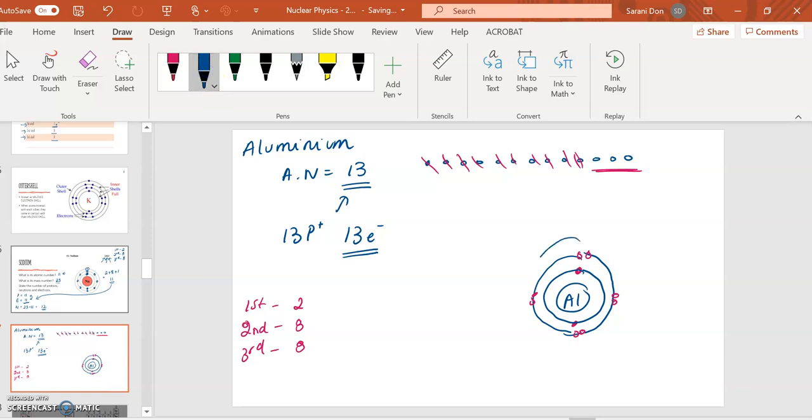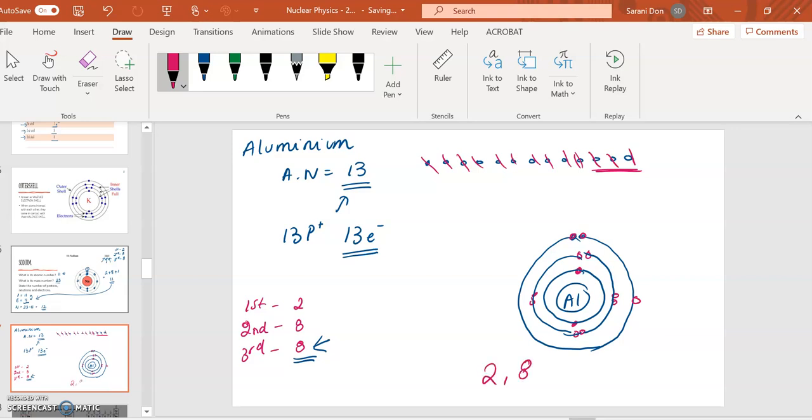So we're going to draw a third shell. And we know that the third shell can hold up to 8. So it can definitely hold the last 3. So the first shell has 2, the second shell has 8, and the last shell has 3.